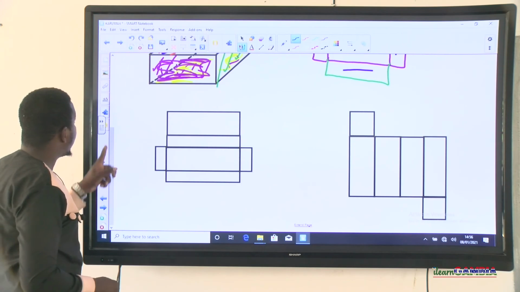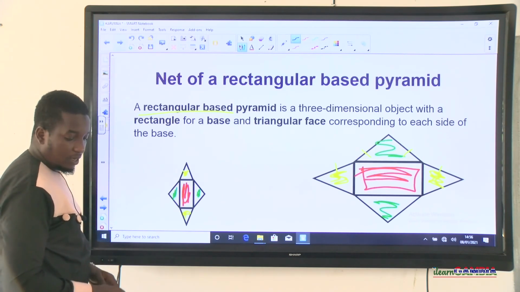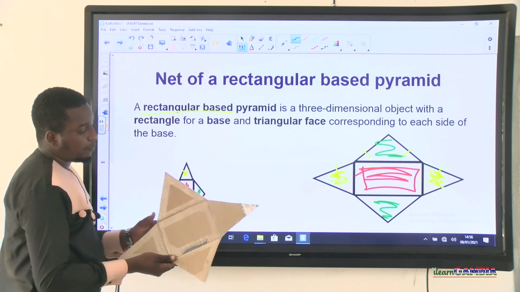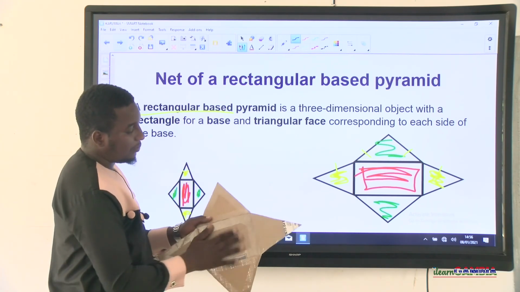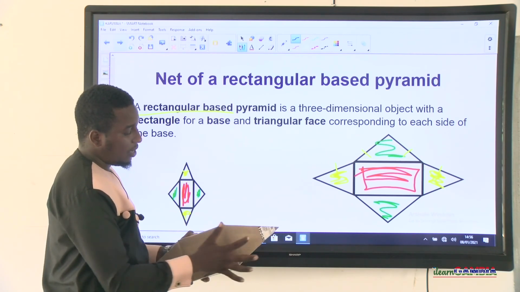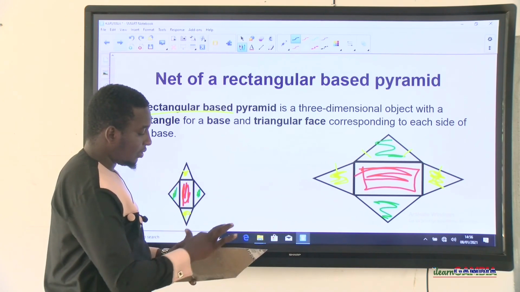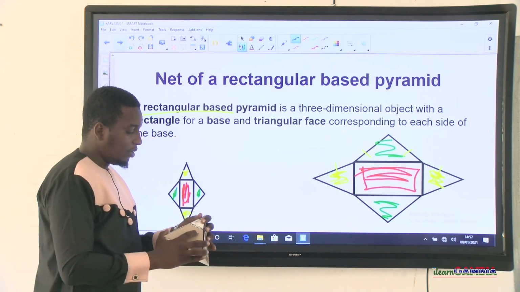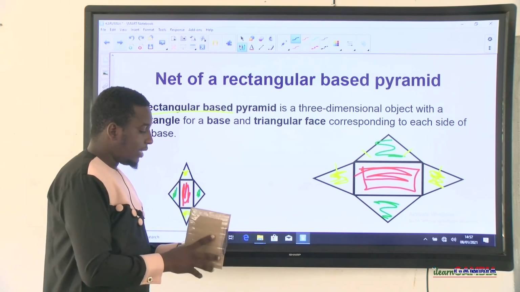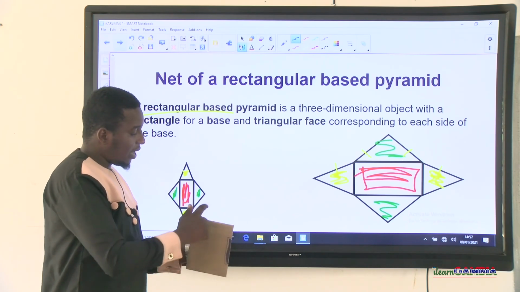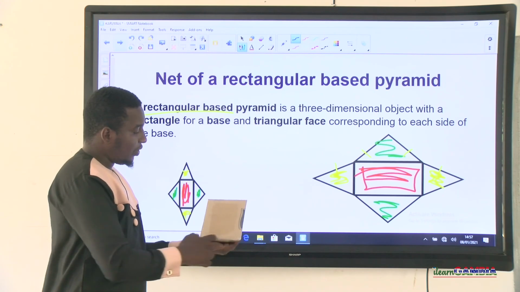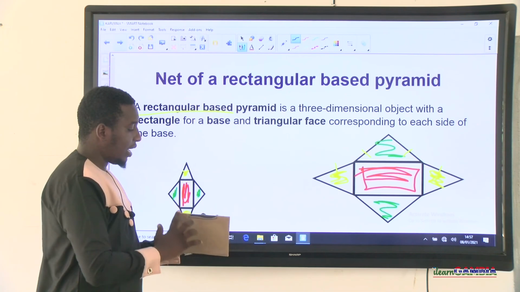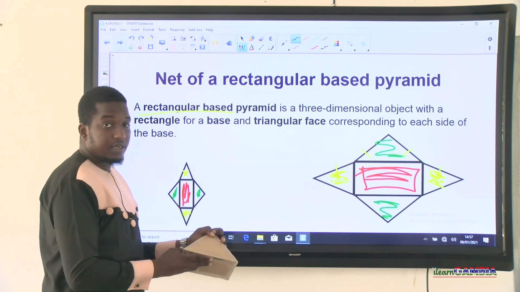And the last one we just looked at is the rectangular based pyramid. What is key here is the fact that the base of the pyramid is rectangular, and the sides that correspond to the rectangle are all triangles, and the bases of the opposite triangles are equal to the width of the rectangle, and then these other two bases of these triangles are equal to the length of the rectangle.